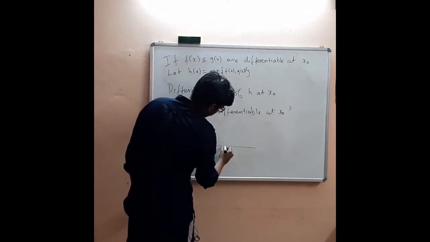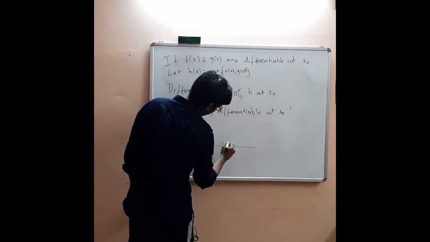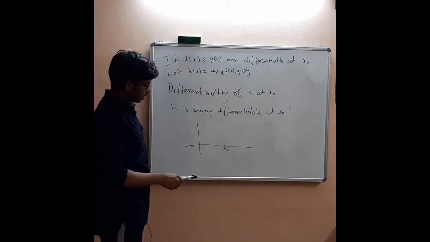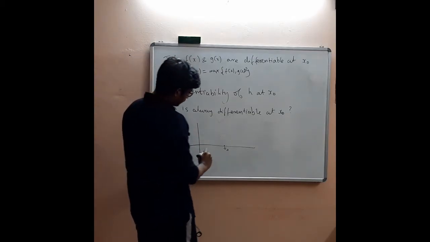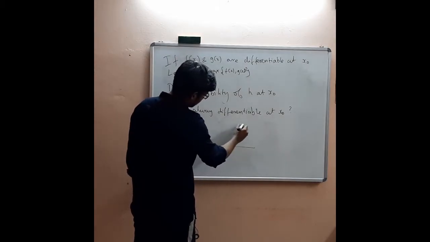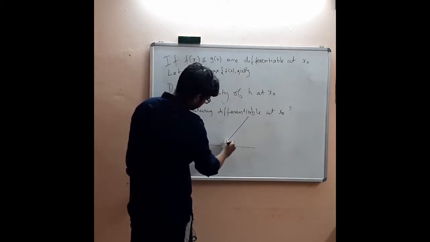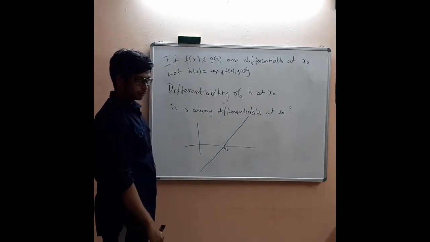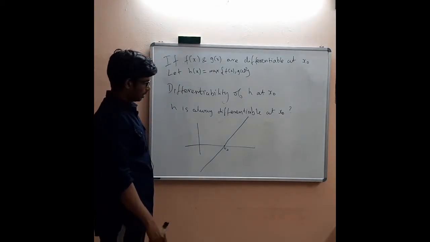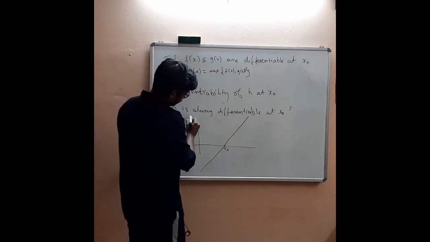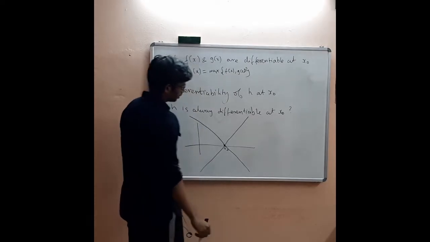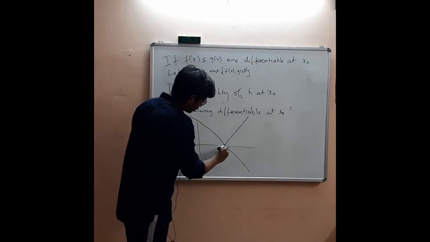I am going to just write some imaginary function. This is a general statement, which means it should be true for all the functions. I am going to say that f is a straight line which passes through x naught like this, and g is another straight line which passes through x naught like this, in this way.